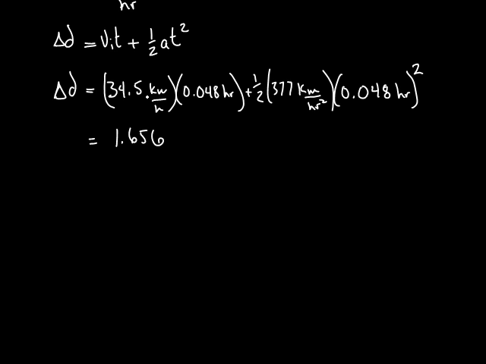Well, look, if we've got kilometers per hour times hours, well, hours are going to be canceled out, leaving us with kilometers, which is good because that's what we want for a change of position. So we've got 1.656 kilometers, and we're going to add that to this calculation here.